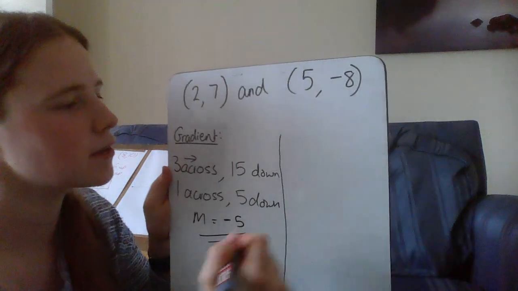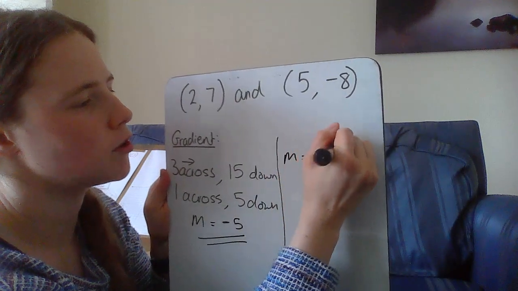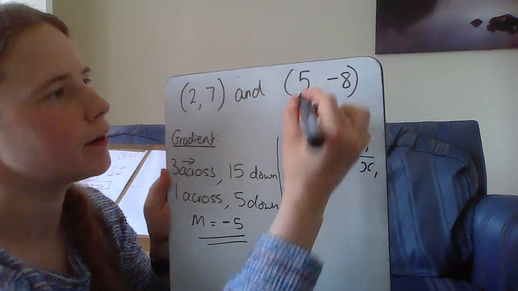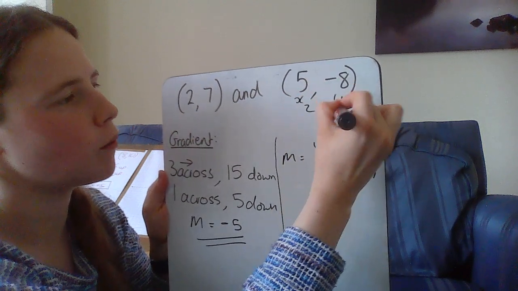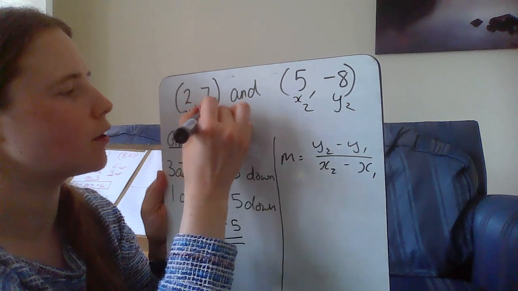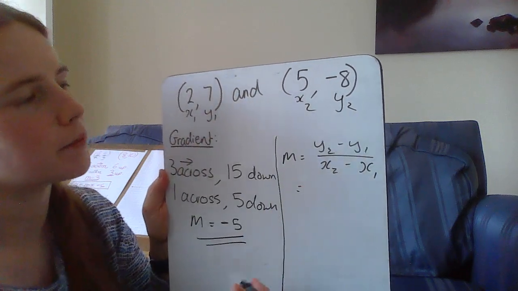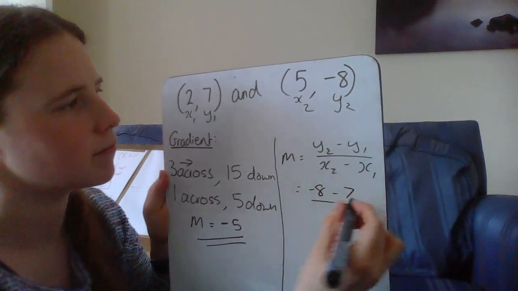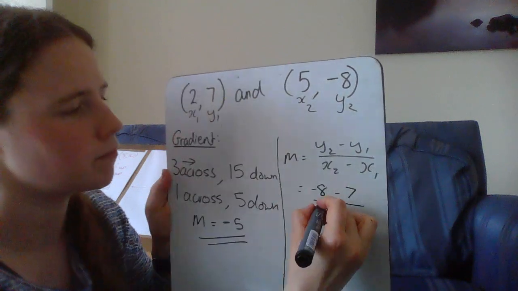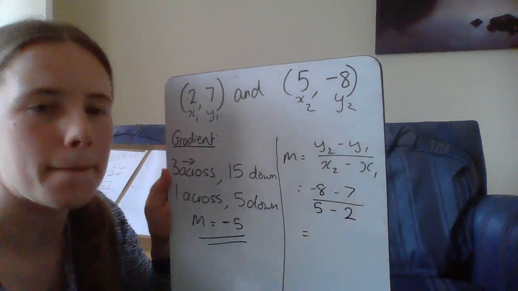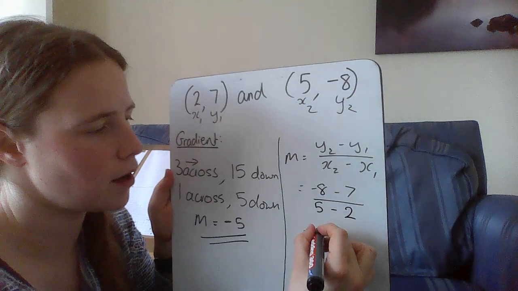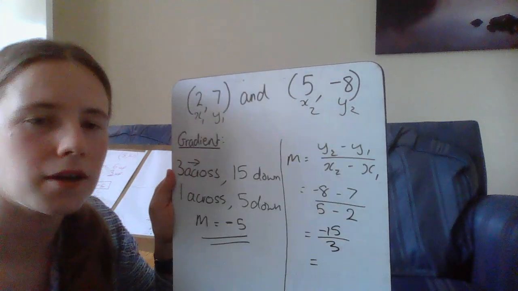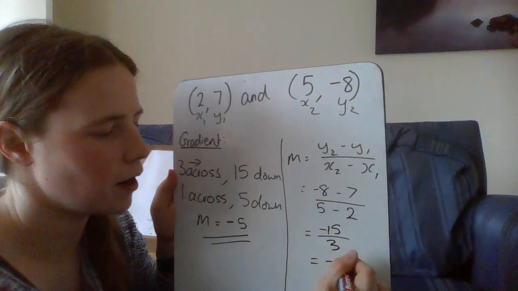The other method is using y2 minus y1 over x2 minus x1. If this is my x2 and my y2, and this is my x1 and my y1, I then put the numbers in the right place. So it's going to be -8 minus 7 over 5 minus 2. -8 minus 7 is -15. 5 minus 2 is 3. -15 divided by 3 is -5.